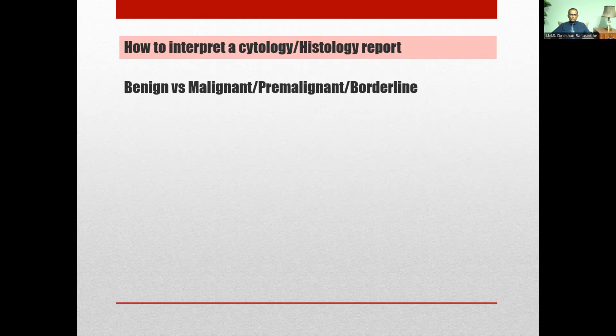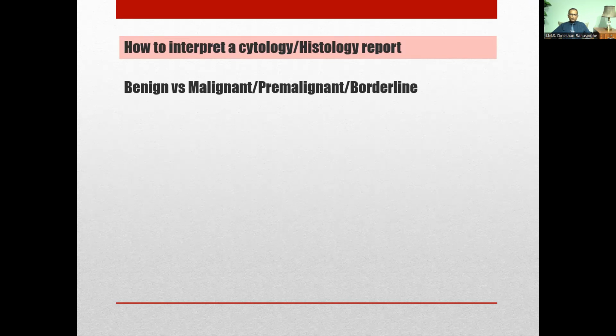What we usually do is send these reports in different colors. The paper will be white for benign, and a colored one for malignant, pre-malignant, and borderline cases. That is the easiest way of differentiating between these things.